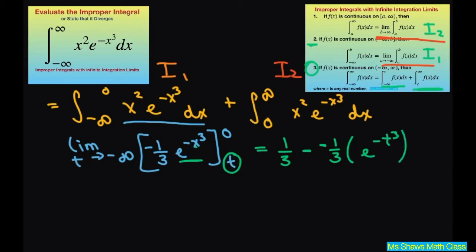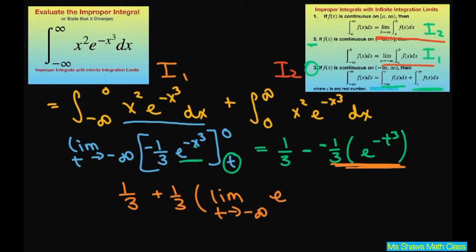All right, so basically what we get is, for this part here, we still have to do the limit. So let me rewrite this. We're going to have 1/3 plus 1/3, and then we have to do the limit of this, so times the limit as t approaches negative infinity of e to the power of negative t cubed.